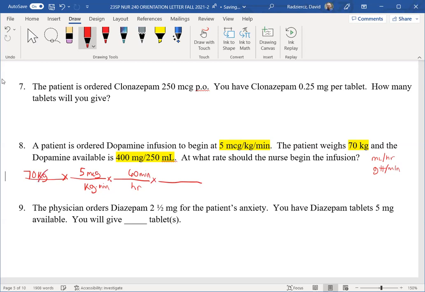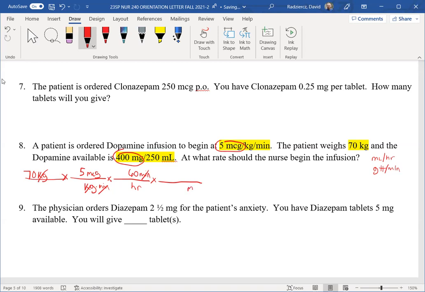So I'm assuming you cross things out. Now, this is in micrograms, this is in milligrams. We need them to both be the same. So since we're in micrograms here and we're working towards milligrams, I think it's a good idea to go ahead and convert micrograms to milligrams at this point.